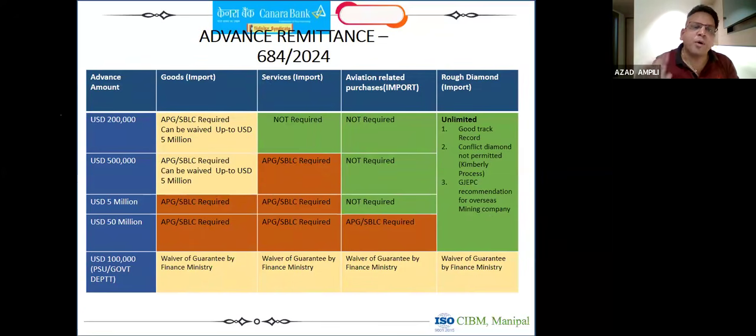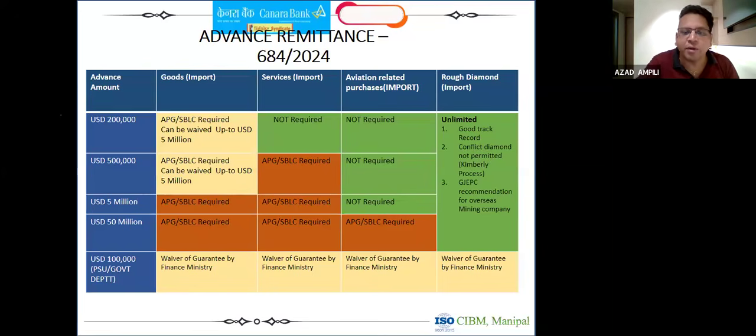For import purpose, they have given a clean check, goods purpose, up to USD 5 million, no need of any advance payment guarantee. RBI is allowing advance remittance for import purpose. More than 5 million, if somebody wants to send any advance remittance to an overseas supplier, we have to ask for an advance payment guarantee, APG, or standby LC. Then only we can allow.